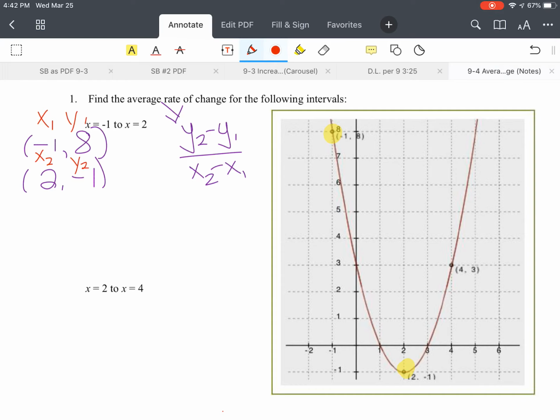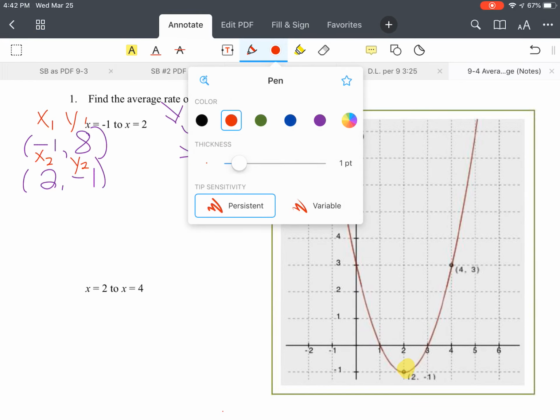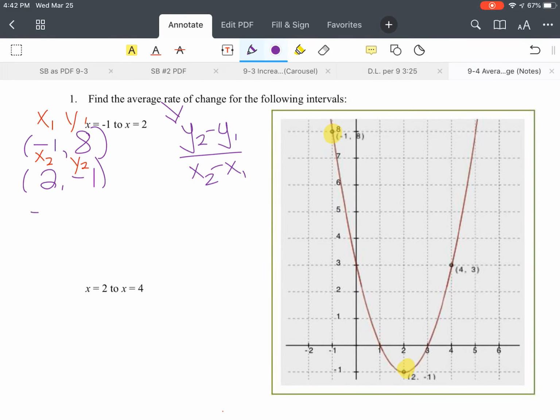Okay, so y2 minus y1, well, that's -1 minus 8 over x2 minus x1. That's 2 minus -1. You can put that all right into your calculator. Just make a fraction and put it right in. And the average rate of change is -3.